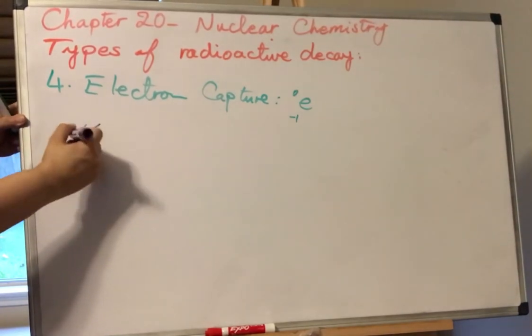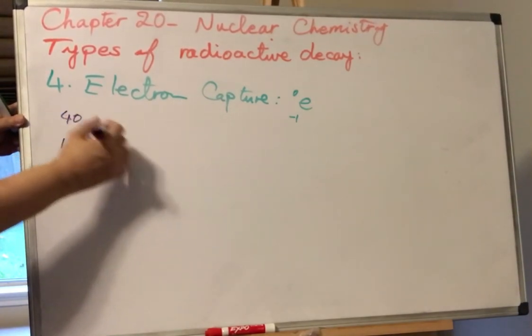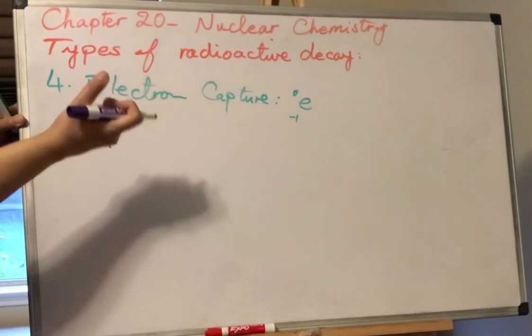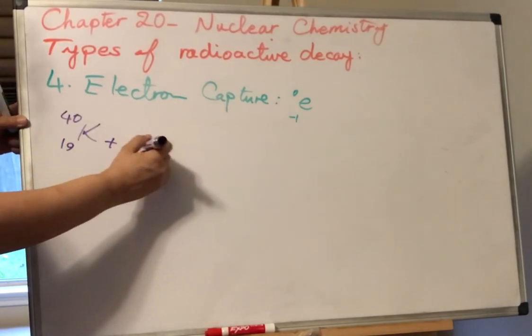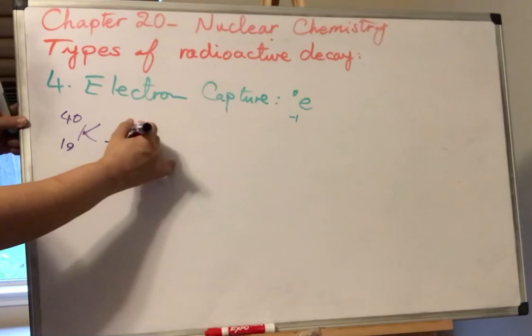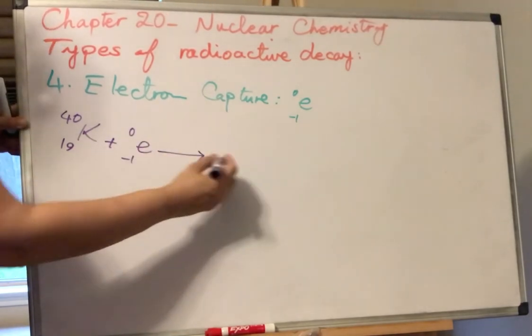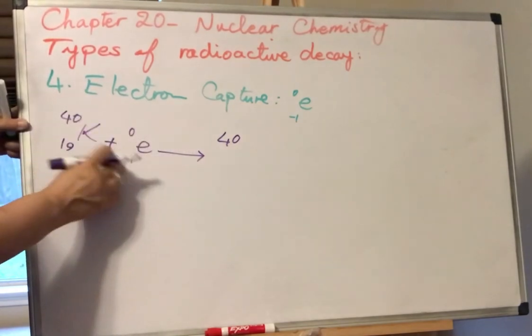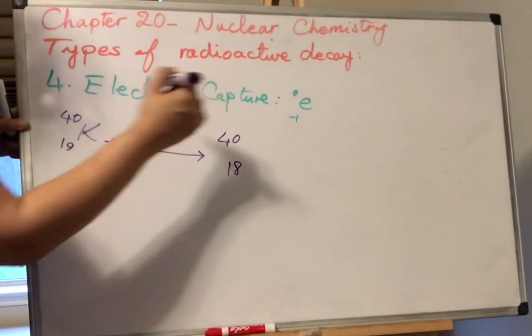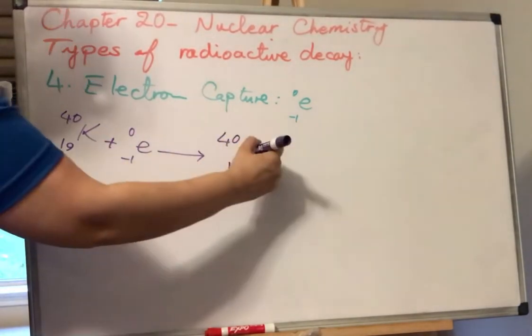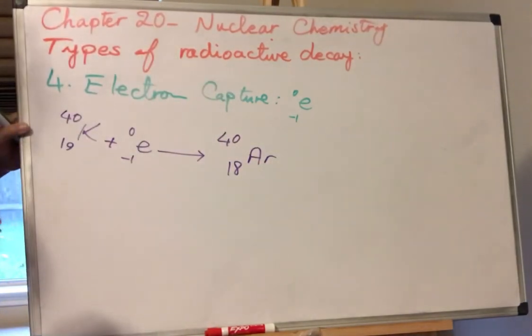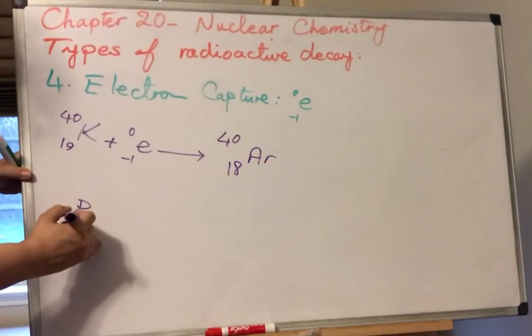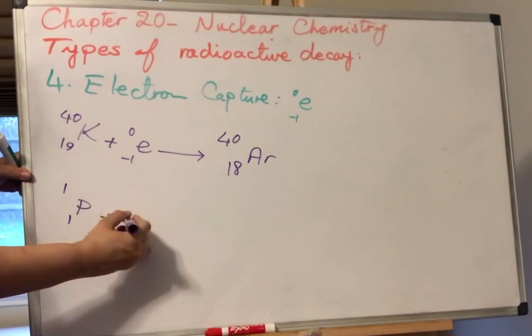For example, potassium, if it grabs an electron, then it would change to 40, I'm balancing it, right? And it would change to 18. Which element is number 18? That's our famous argon.